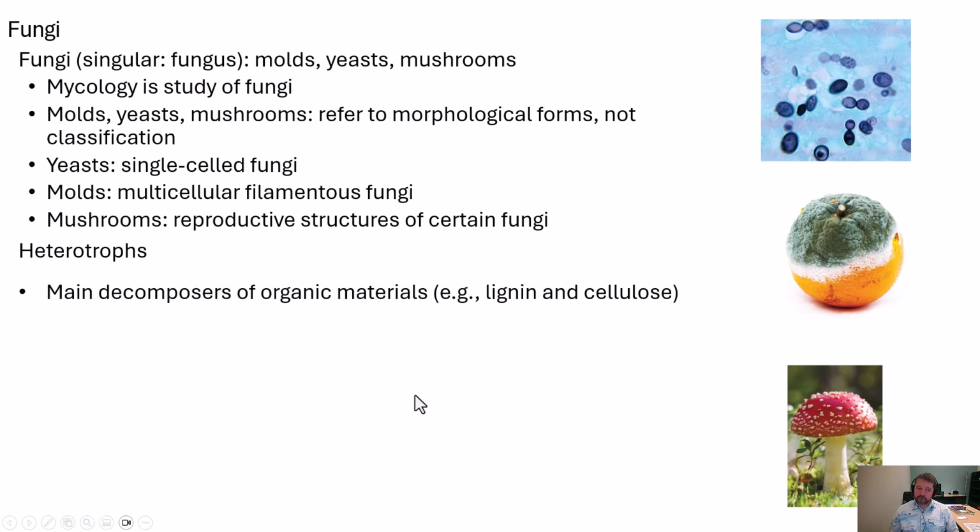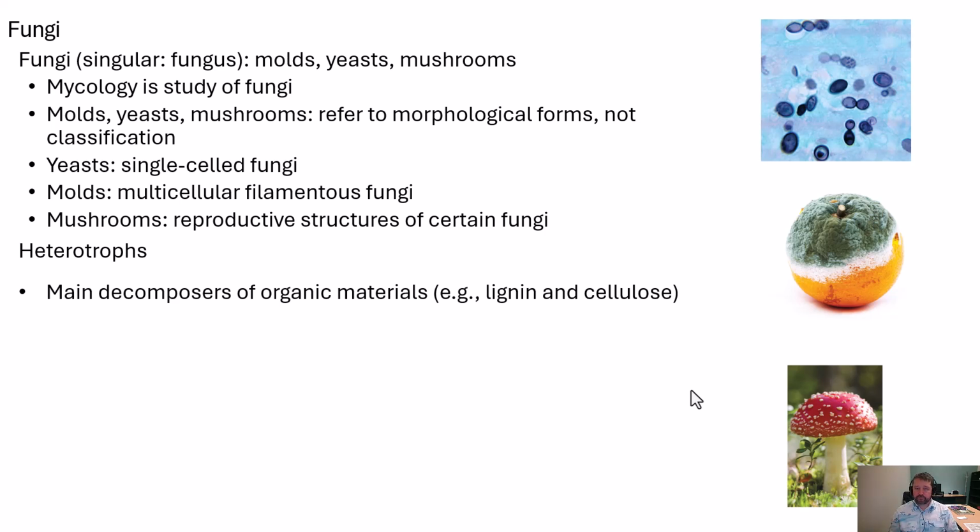We know that fungi are heterotrophs, so they're decomposers. They're extremely important decomposers. They can decompose things that a lot of other organisms can't consume, like cellulose. You eat plant material, you can't break down cellulose, you defecate that cellulose out.